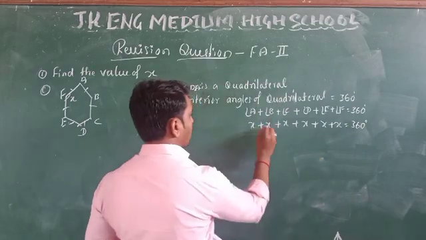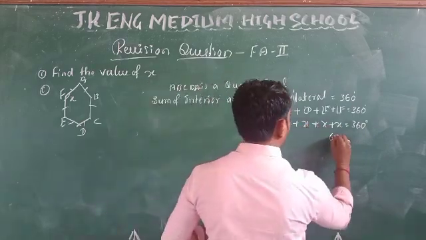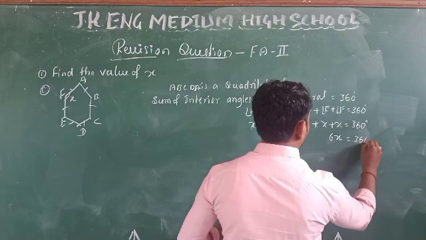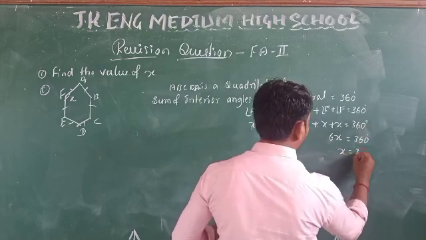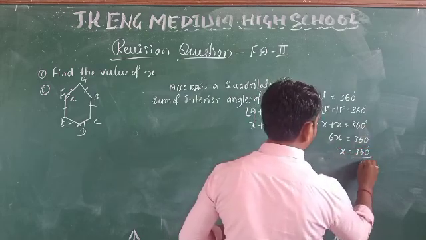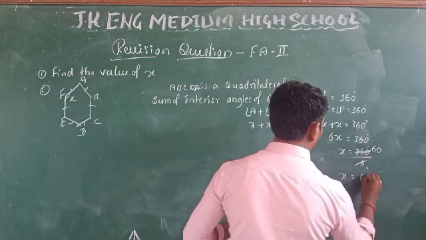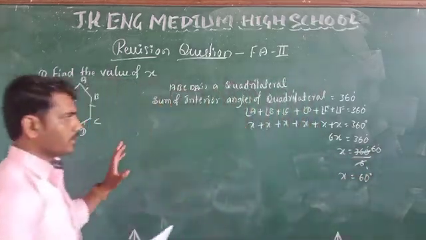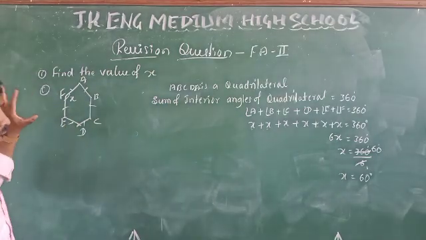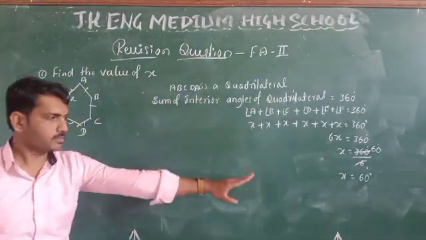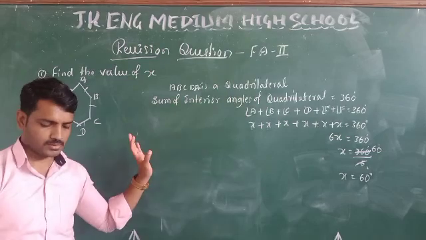How many x are there? 1, 2, 3, 4, 5, 6. 6x is equal to 360. x is equal to 360 divided by 6. 6 ones are 6. So what is the x value? Each interior angle of a hexagon is 60 degree. Better answer.